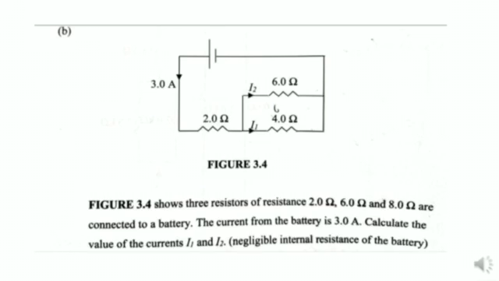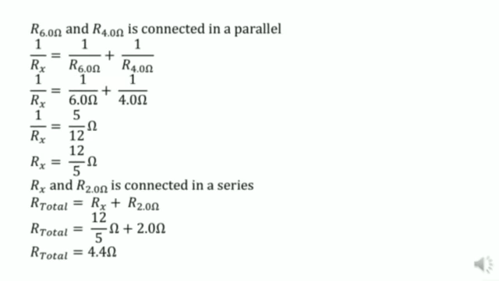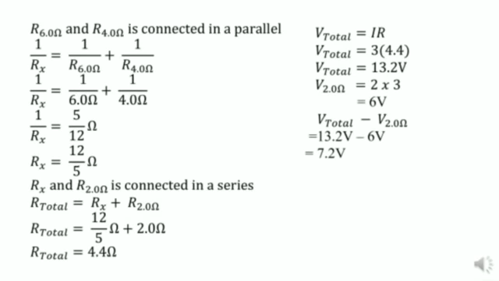The current from the battery is 3.0 ampere. Calculate the values of the currents I1 and I2 if they have negligible internal resistance of the battery. So this is the answer of this question.